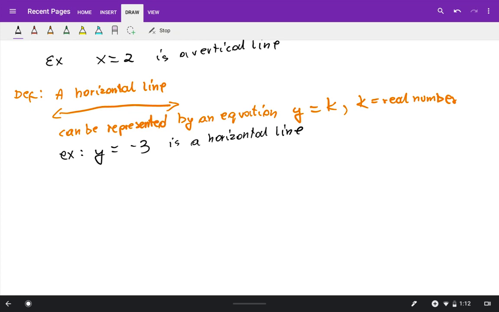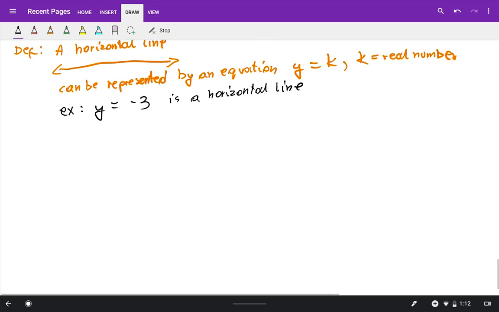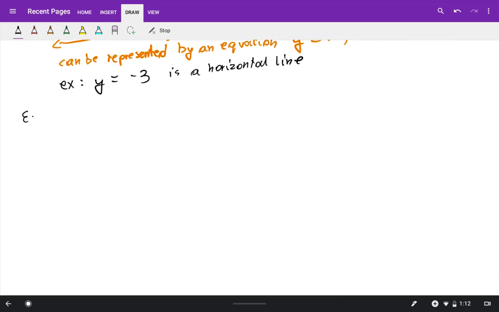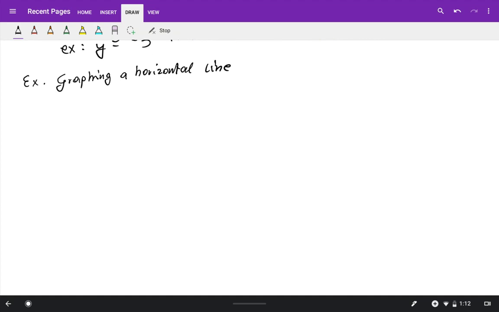Okay, let's do examples with horizontal and vertical lines. So let's do the example of graphing a horizontal line. We have to graph y equals -2.